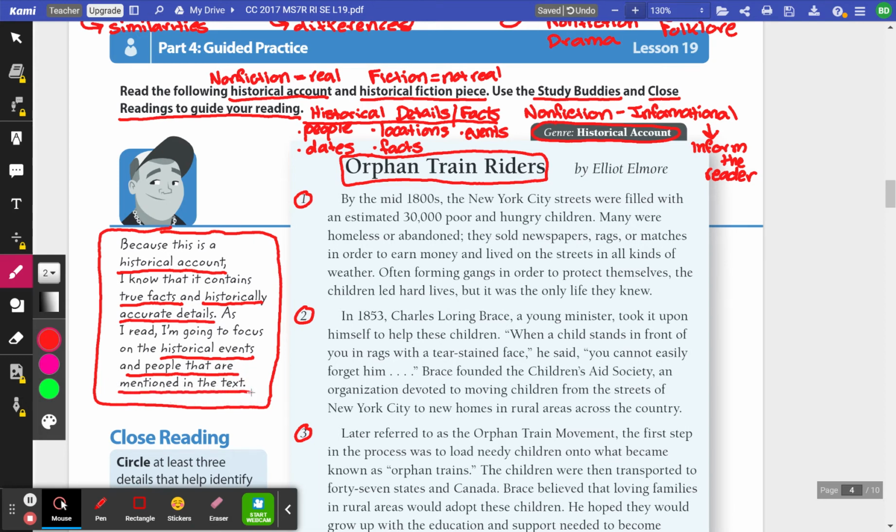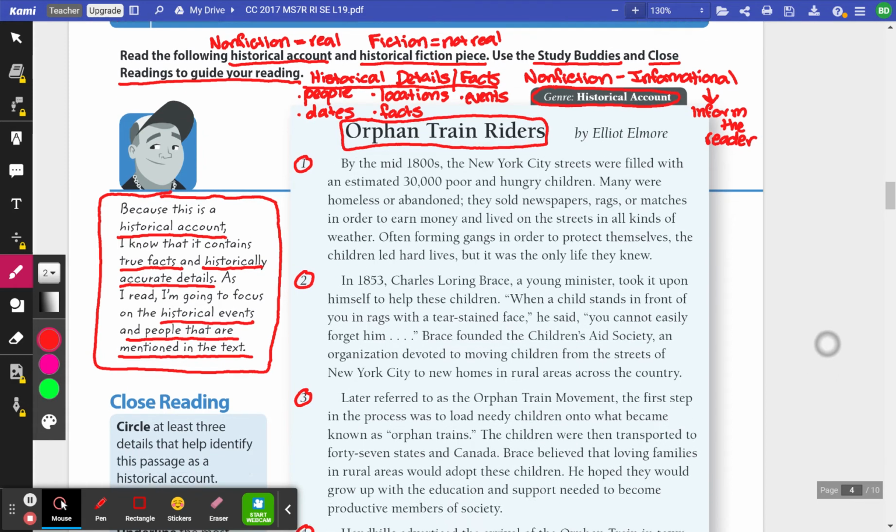So, guys, what the study buddy is telling us is not anything new. We already knew this was a historical account, right? We already know that because it's a historical account, we can look for those historically accurate details. We can look for people, the dates, the time periods, the location, just facts, or maybe even events that are happening. So we already know that we can look for these things just because this is a historical account.